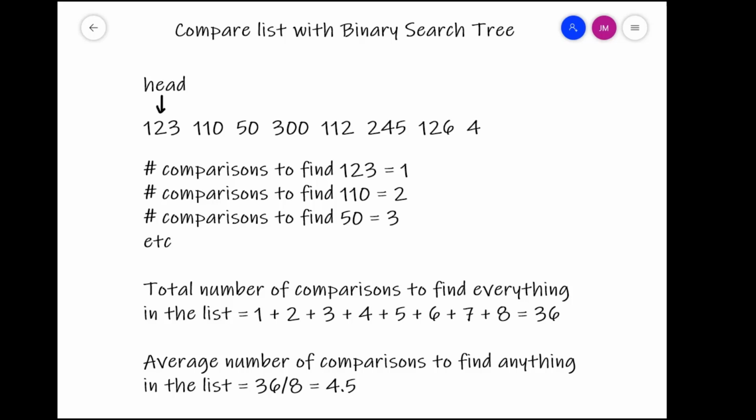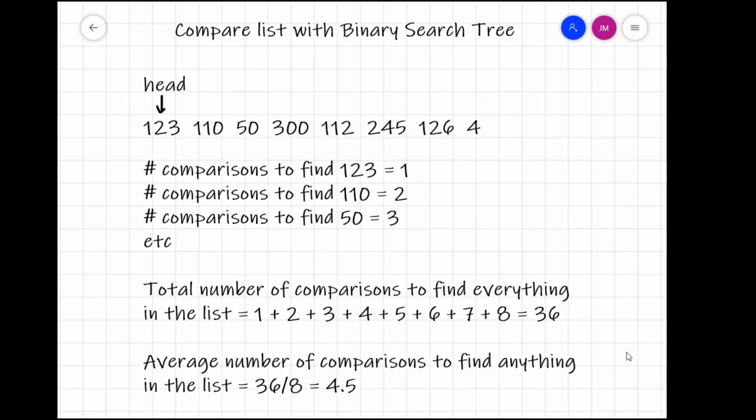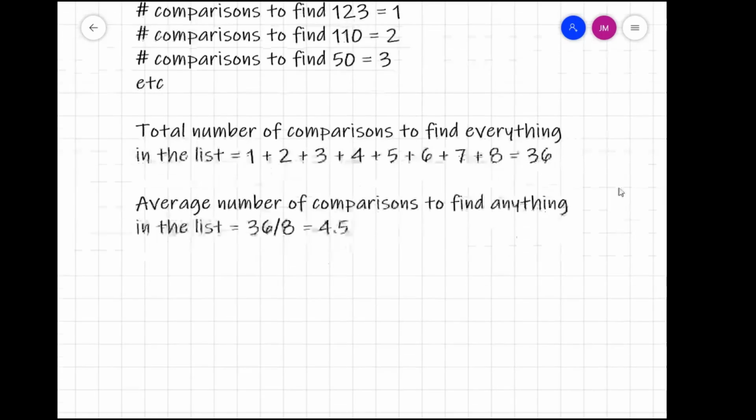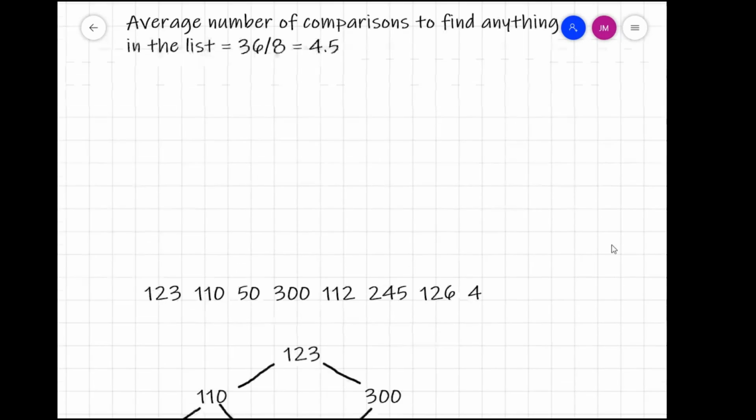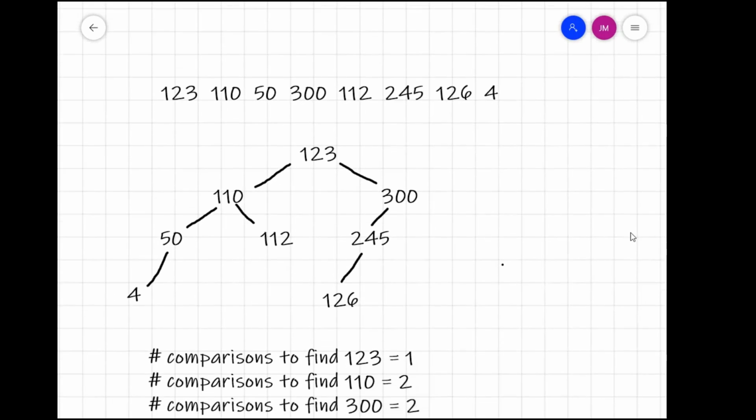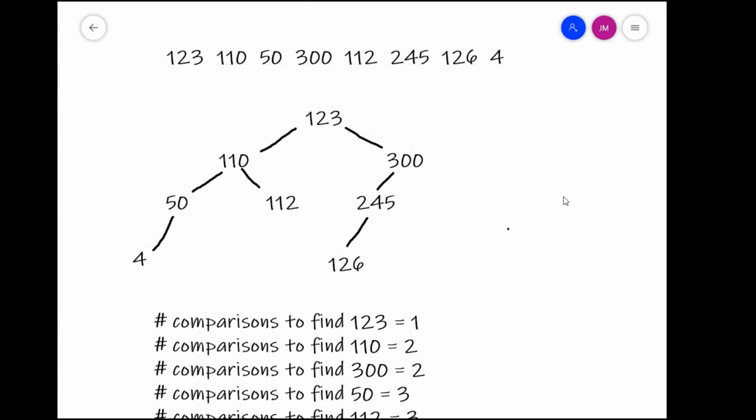So how does this compare with a binary search tree? What happens now with a binary search tree? So I have the same numbers here and I put them into a tree. So 123 goes in at the root. 110, I compare it with 123, it's less than 123, so I go left and I put it there.